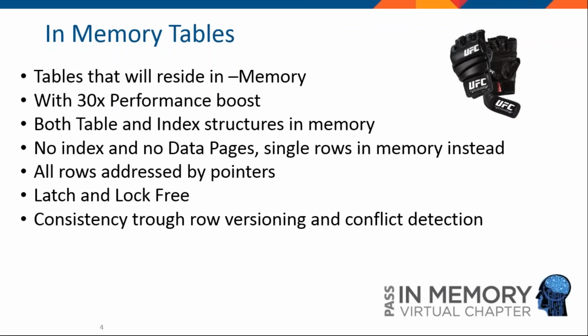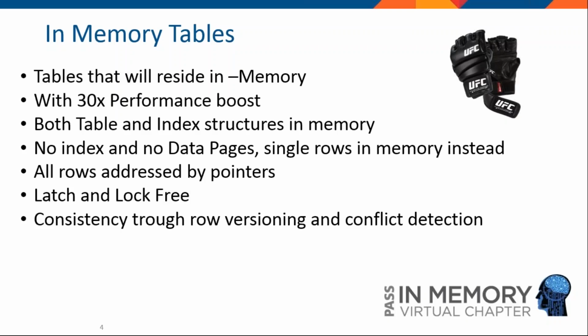And because of this, we are not going to have latches or locks in these in-memory tables. Latch and locking mechanisms are created for basically maintaining consistency of the data inside the tables.